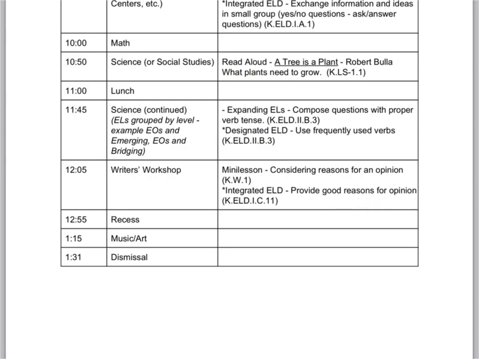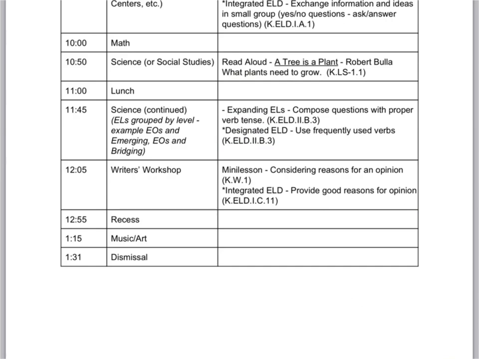And since students might not be very vocal this time, they can do a lot of things orally with a lot of teacher support, and you can help them write. You can also provide them sentence frames, but that's the ELD portion: you're using Writer's Workshop, but pulling a small group aside. It may be multi-level and using good reasons for opinions, providing good reasons for opinions as your lesson objective.